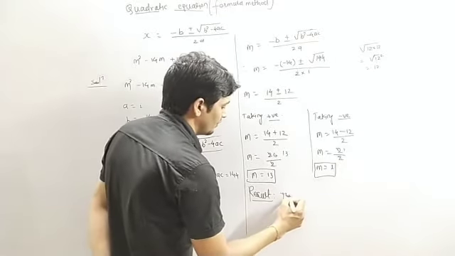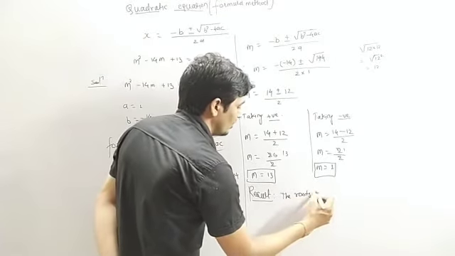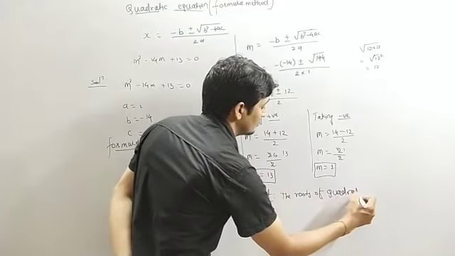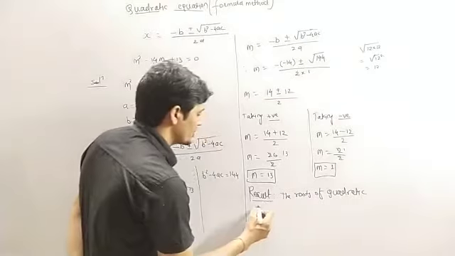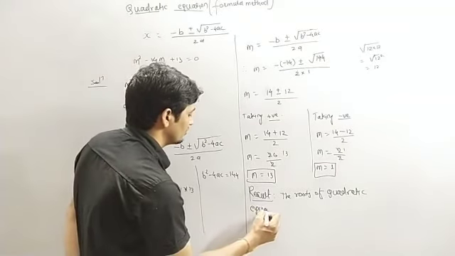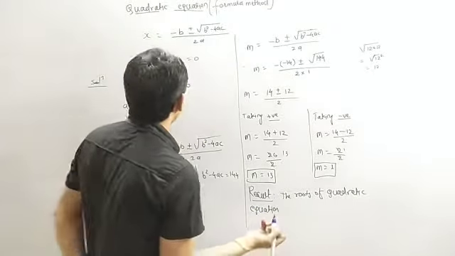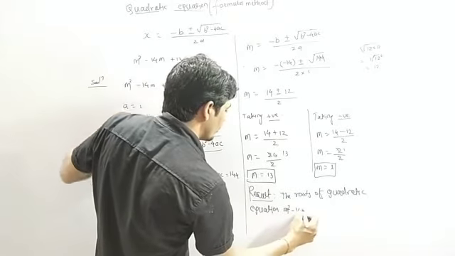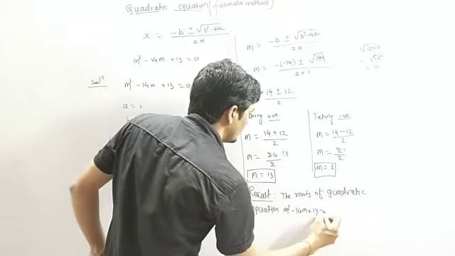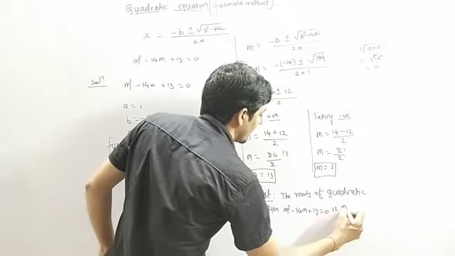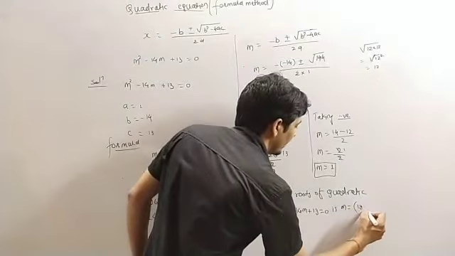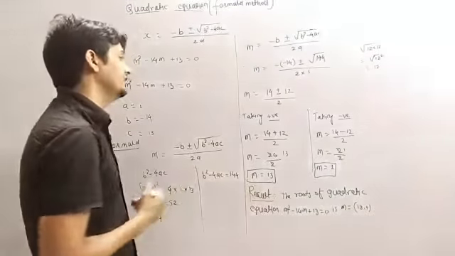The roots of the quadratic equation m square minus 14m plus 13 equals to 0 is m equals to, in bracket we have to write 13 and 1. So this is the answer.